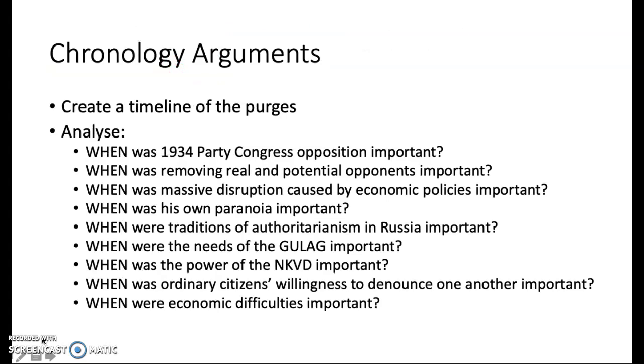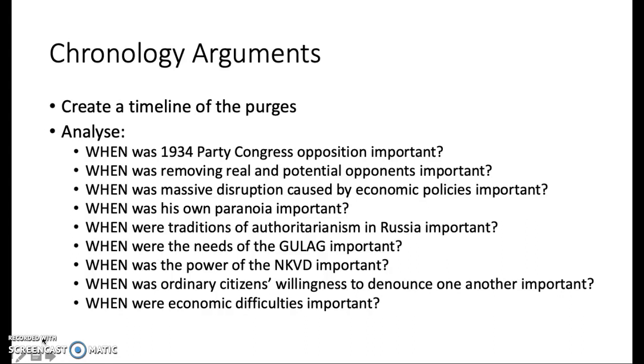Alternatively, you might prefer a chronological argument, in which case, in order to do this, you need to have in mind a timeline of the purges, and you need to work back through your list of reasons, and you need to think about when these things were important. So, for example, when was Stalin's own paranoia important? Well, I think Stalin had probably always been paranoid. So why did the purges begin in 1934?